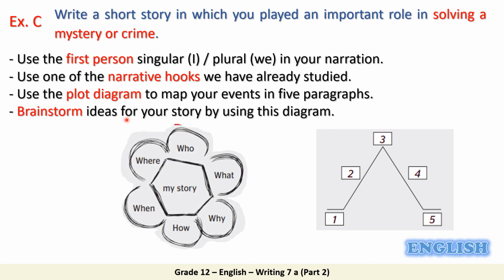Also, brainstorm your ideas by using this diagram. My story, my theme, the main idea of the story, when did it take place, where, time and place, refer to setting, right? Who are the main characters, what happened and why, and how it was resolved in the end.